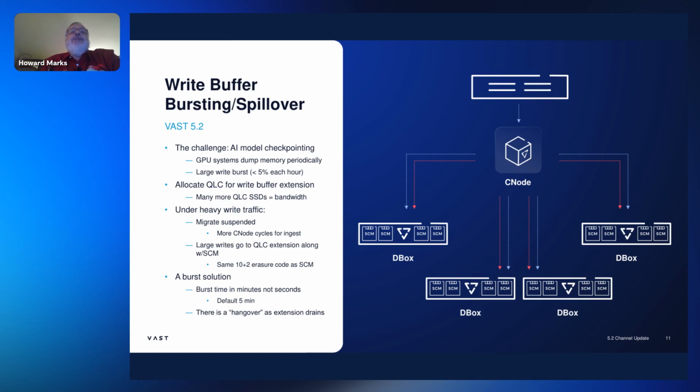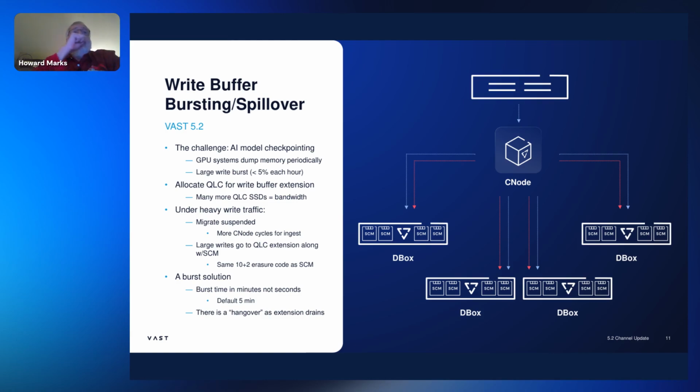So when a cluster is under heavy writes, if I have specified that 50 terabytes of QLC should also be used as write buffer, those large writes will be written to that 50 terabytes of QLC using the same N+2 erasure codes that we use to write to the SCM. This is a burst solution, as you should have been able to tell when I said I specified 50 terabytes.